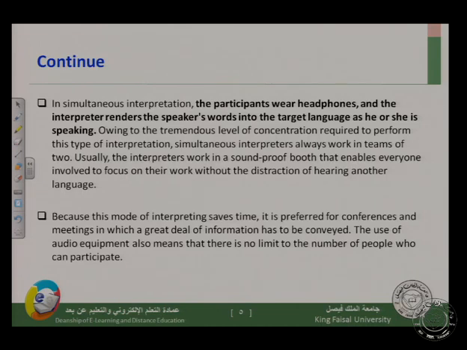Now, this type of interpreting is really used only when there are so many participants and a lot of information you want to convey, in meetings and conferences where a large number of people can participate.